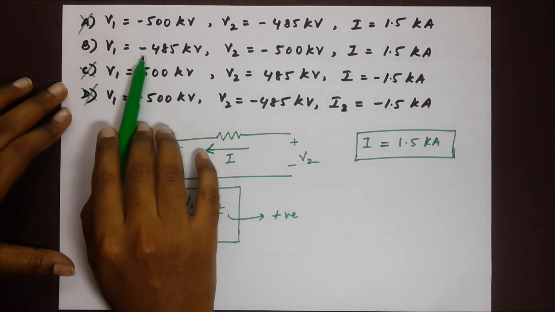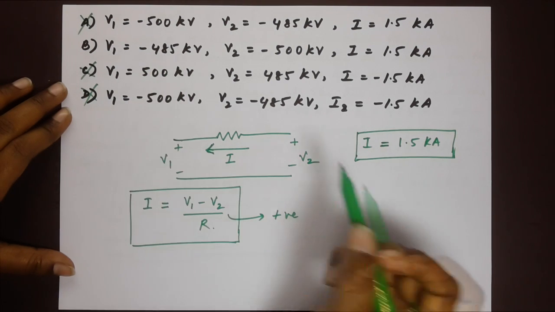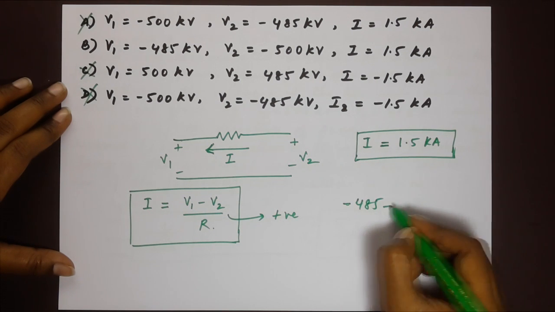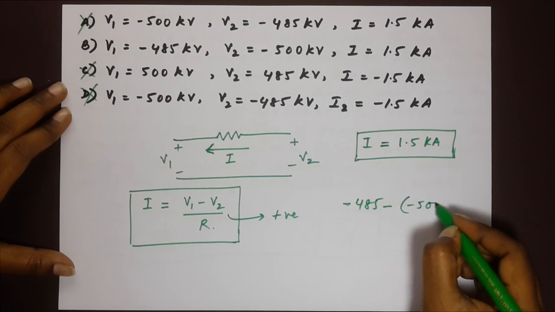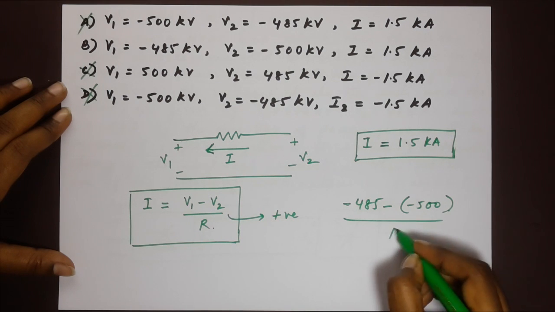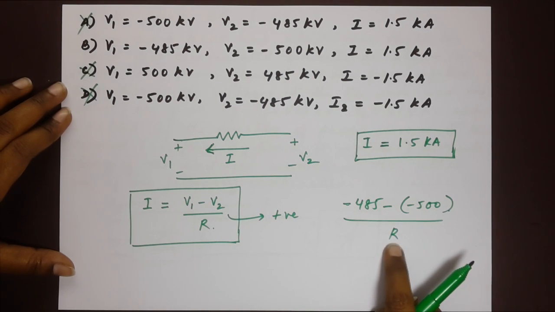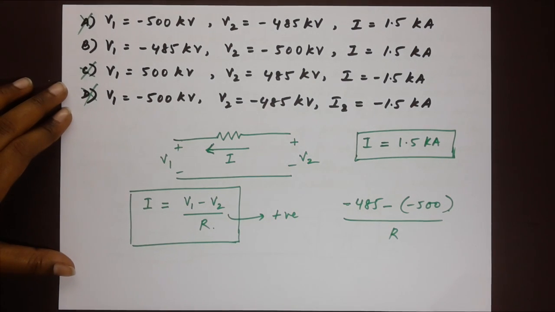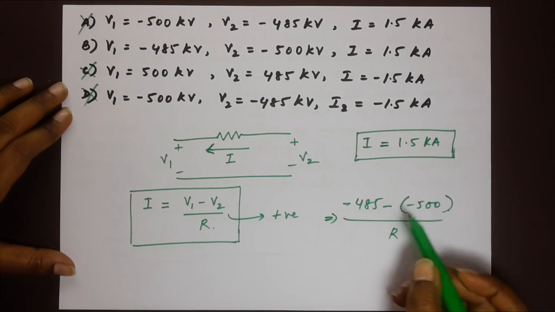Since V1 is minus 485 kilovolts, we can work it out and see. So, we have minus 485 minus of minus 500 divided by R. Now, regardless of what value the R is, if the numerator is positive, then the result is also positive.